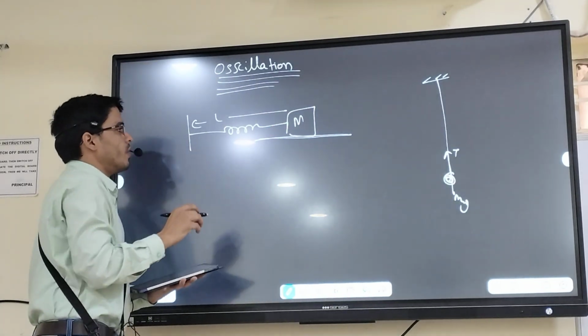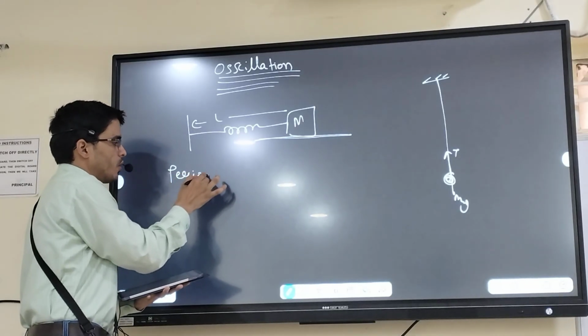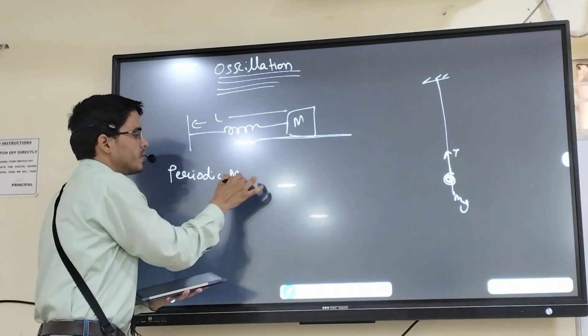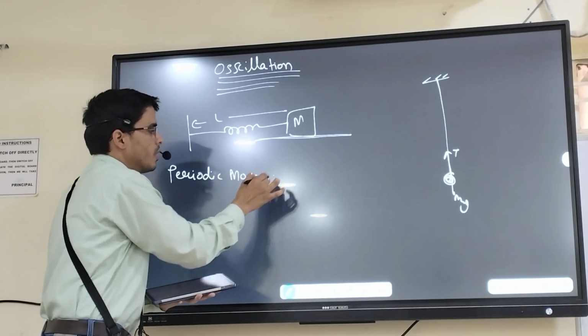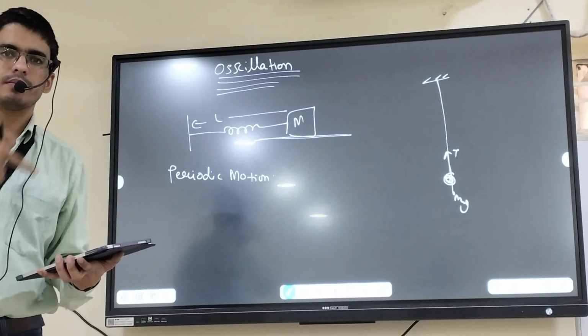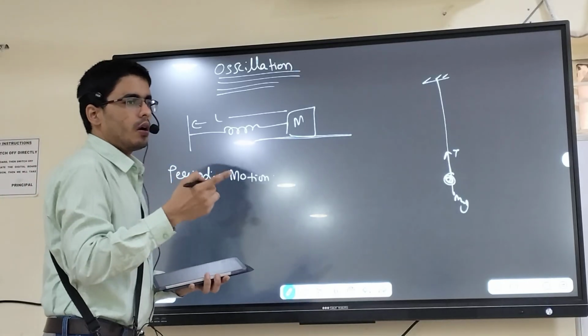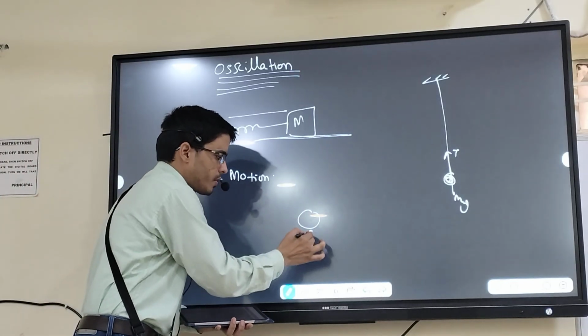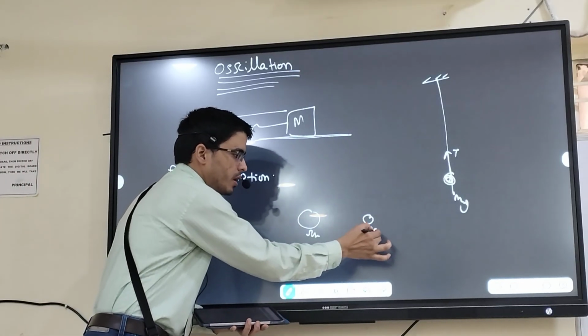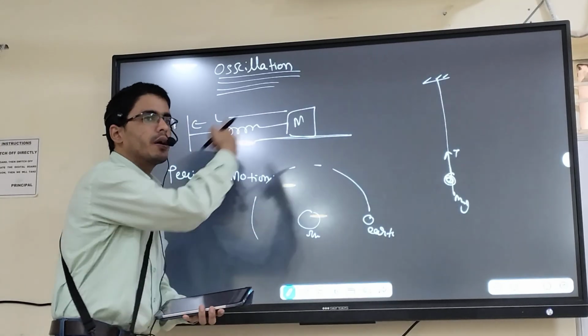First, we will write the definition of periodic motion. What is periodic motion? It is the motion that repeats itself after one fixed time. Suppose the Earth is revolving around the Sun along an elliptical path.